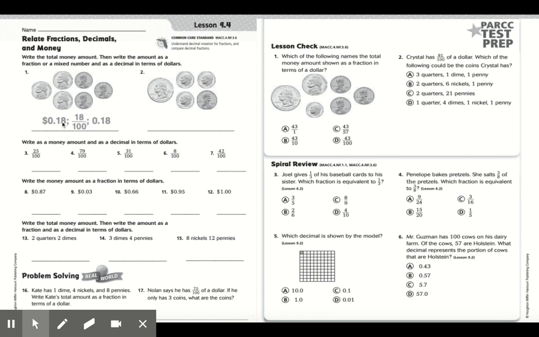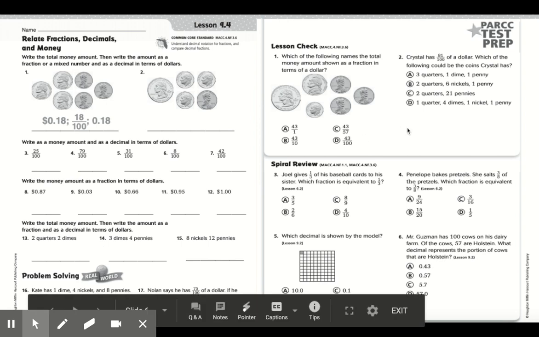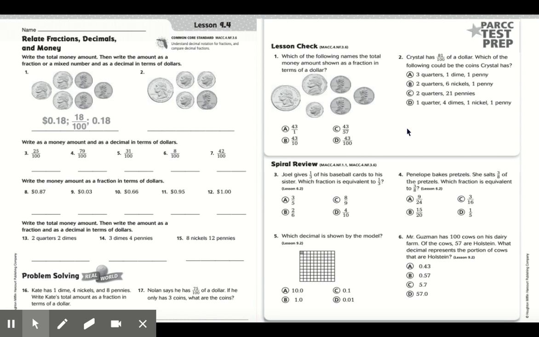When reading the directions, it wants you to write the total amount in money form, then write the amount as a fraction, or a mixed number if it's greater than 1, and then write it in decimal terms. So it actually wanted 3 different forms for these here. So pay attention to that word and as you go down through your assignments, because if you only give me 1 and it wanted 2 different forms, then you only really got half of it correct.